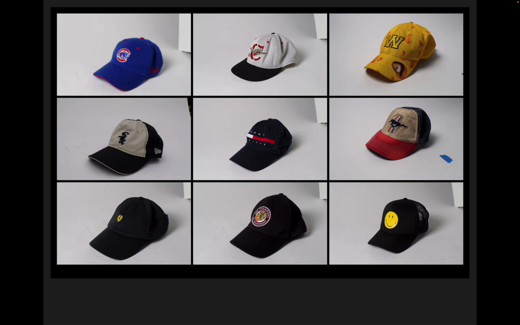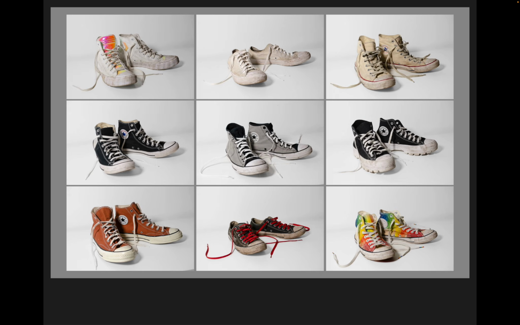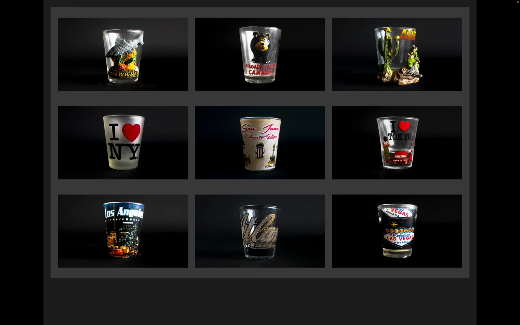Siblings. So it was someone that this person knew well and paired with their sibling. Hats. Shoes. So a lot of people have done hats and shoes, and I might avoid that. Oh, more shoes.